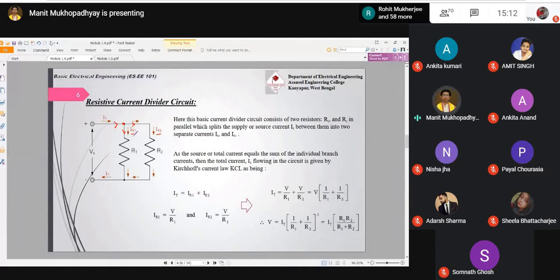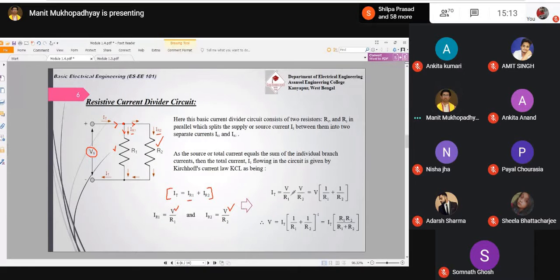So we will formulate this equation first. IT equals IR1 plus IR2. And what is IR1? See, R1 and R2 are in parallel across the same DC independent voltage, correct? So what will be the current? IR1 is V by R1, correct? Next, for IR2, V by R2.